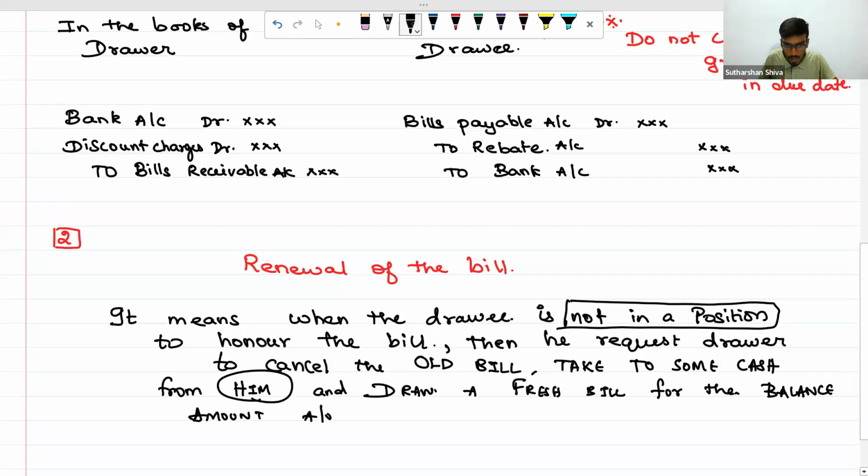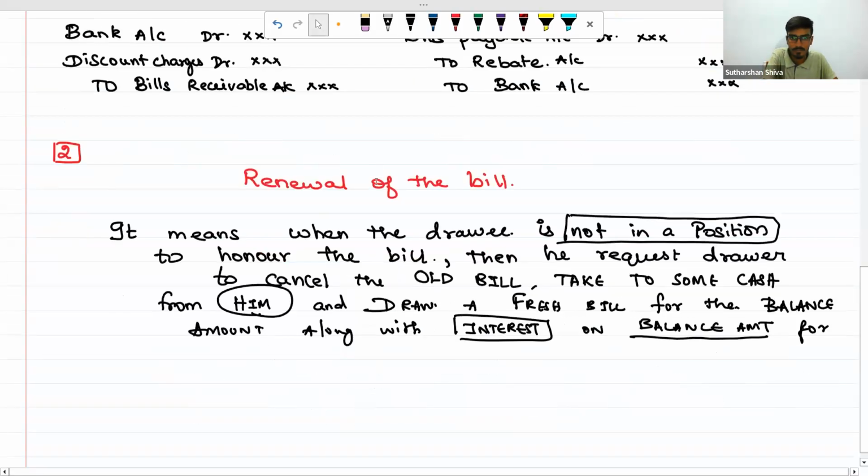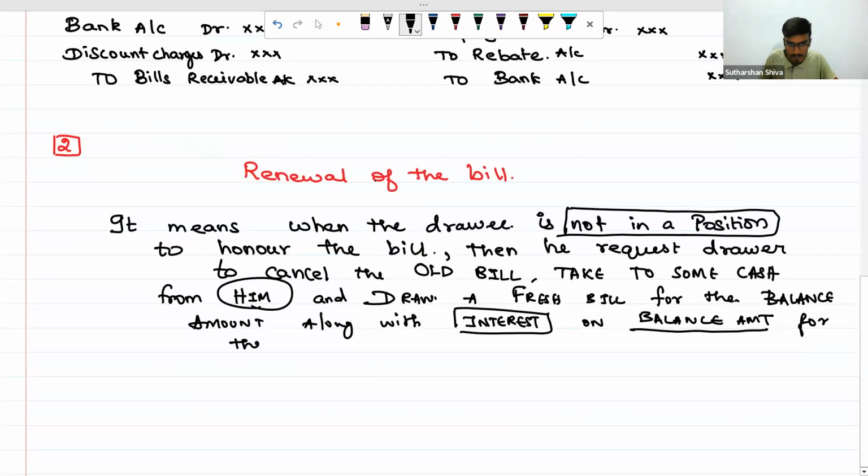Along with that, they need to pay interest on the balance amount for the new bill, and it will include the period also, for example a 3 months period.